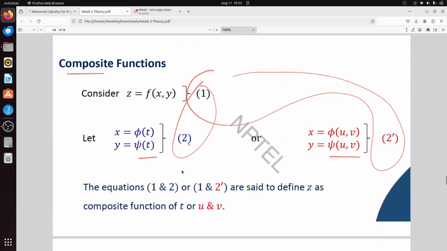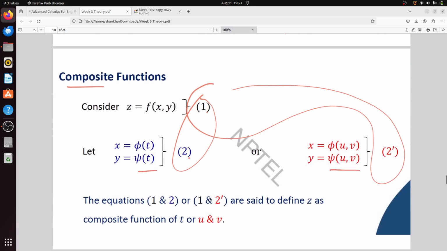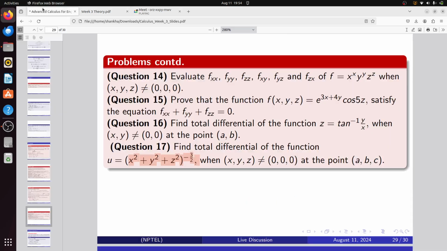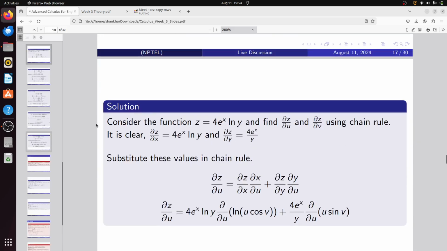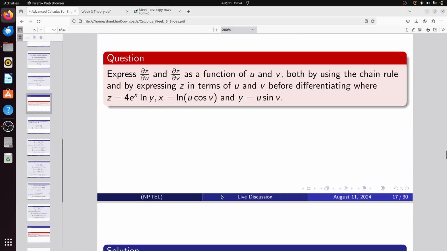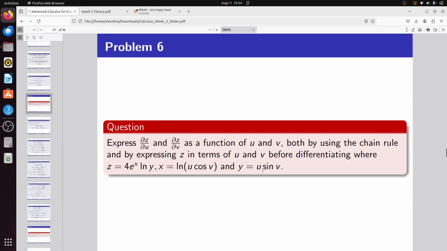Yes. Okay. Now there are composite functions. So z equal to f(x,y), x equal to phi(t), y equal to psi(t). This is just what I have discussed in these problems, right? Here I have discussed these u v problems, and these types of problems are actually composite functions.